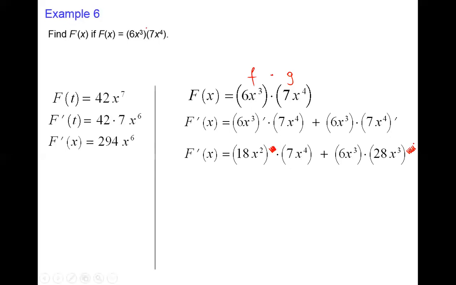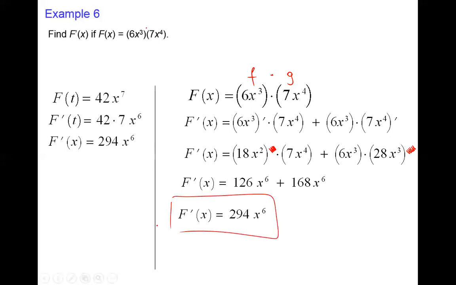Now multiplying 18 times 7, and 6 times 28, and x squared times x to the power of 4 is x to the power of 6, and likewise x cubed times x cubed. Adding together, we got the same answer. This is just numerically showing you that the product rule works, but please remember, do not apply it all the time.